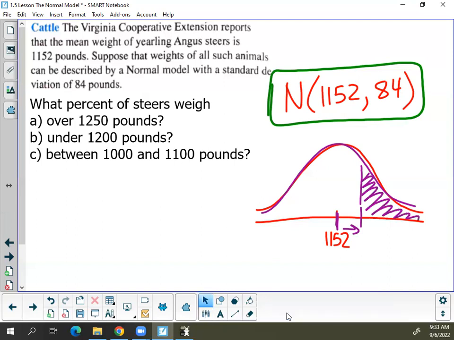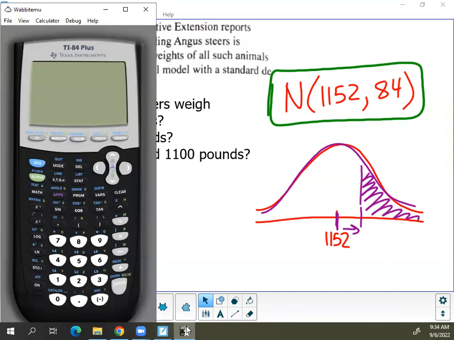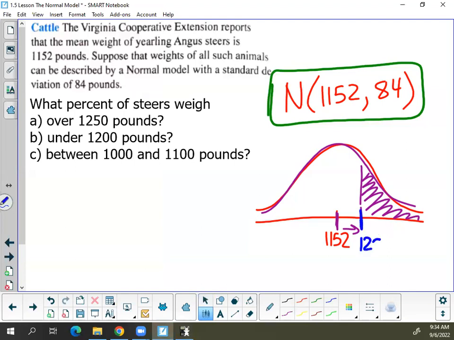And so on our calculator, we have a way to calculate that area. We're going to hit the second button, and we're going to hit this vars key, the blue one that says DISTR for distribution. And we're going to choose the second option. And we're basically going to tell the calculator what our picture looks like. So this value right here is 1,250. And this distribution goes to the right infinitely.